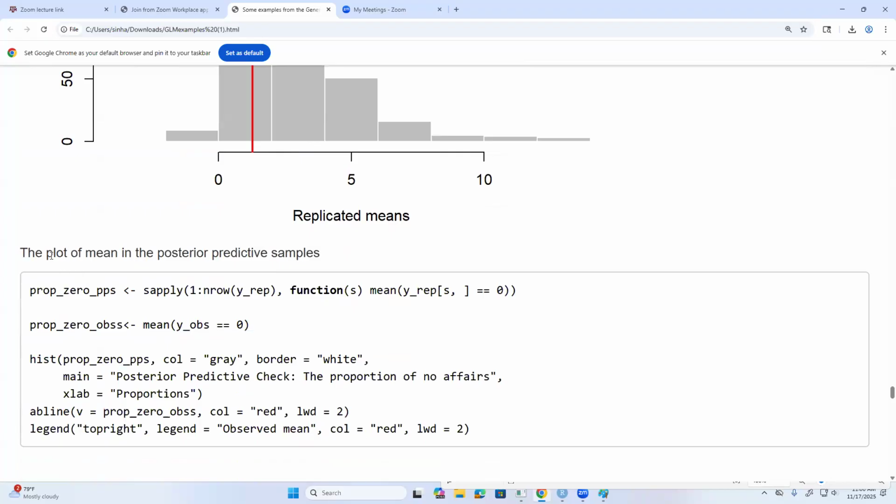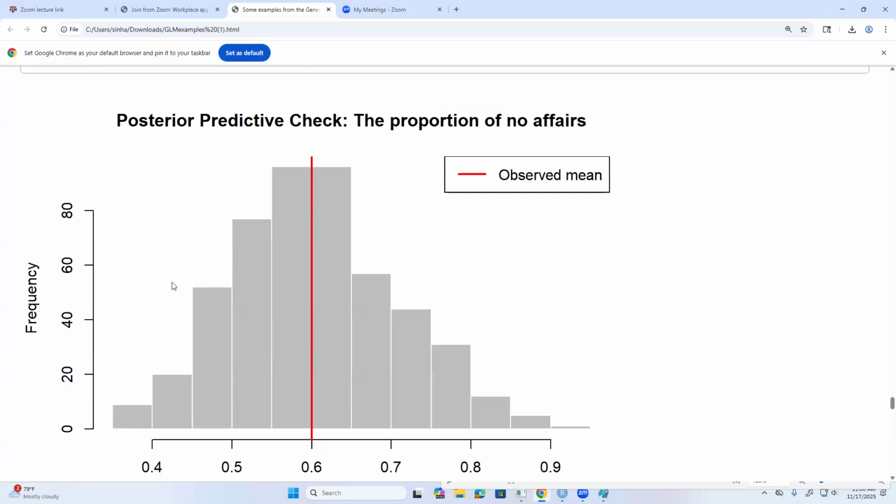Another thing I wanted to check, so this is the plot of the mean. Okay, so next I wanted to check the proportion of zeros for every sample. I have 500 samples. For every sample I calculated the proportion of zeros. So here is the proportion of zeros for the 500 samples.